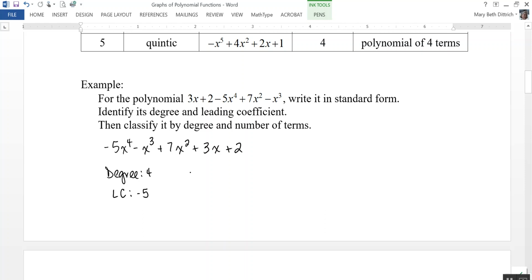And this would be a quartic polynomial. This is classifying it by degree and number of terms. Quartic polynomial of 5 terms, because it does have 5 terms, and I don't have a word for a 5-term polynomial.